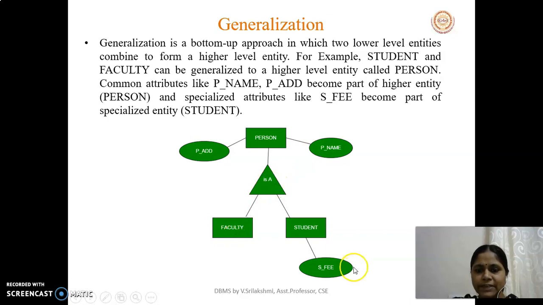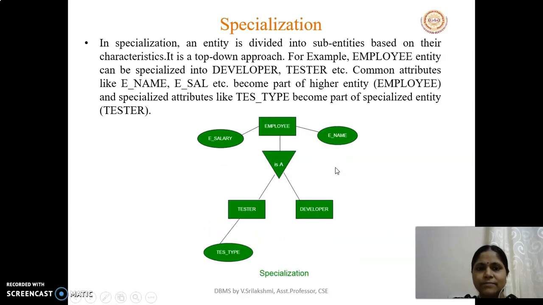And the specialized entities are student fees, which has become part of the specialized entity student. So here the ISA relationship is called generalization. By using the ISA relationship, we are able to demonstrate that the two lower level entities are generalized to form a higher level entity here.